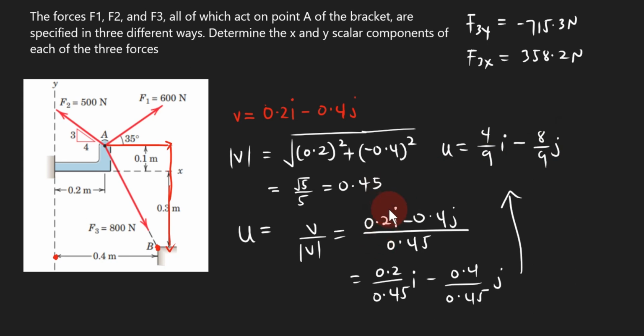Now, to find the component of force F3, all we have to do is multiply the magnitude of the force, which is the 800, by the unit vector.